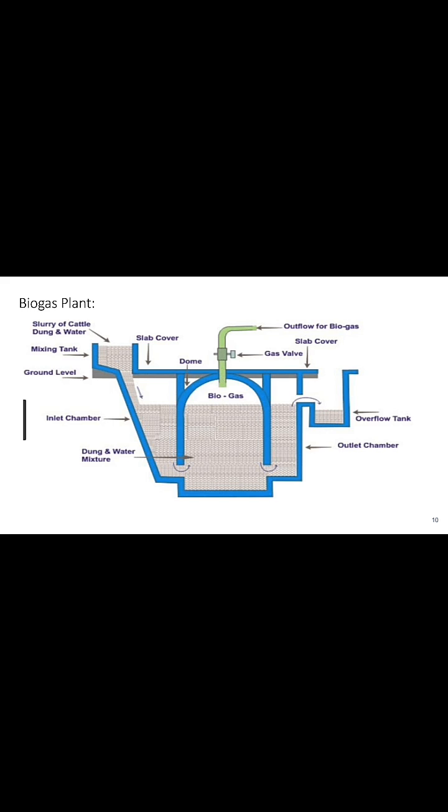From the overflow tank, the spent slurry is withdrawn periodically and used as a good manure. From time to time, fresh slurry is fed to the digester so as to get a regular supply of biogas. The biogas collected in the dome is taken out through the outlet pipe by opening the gas valve and then used as a fuel gas.